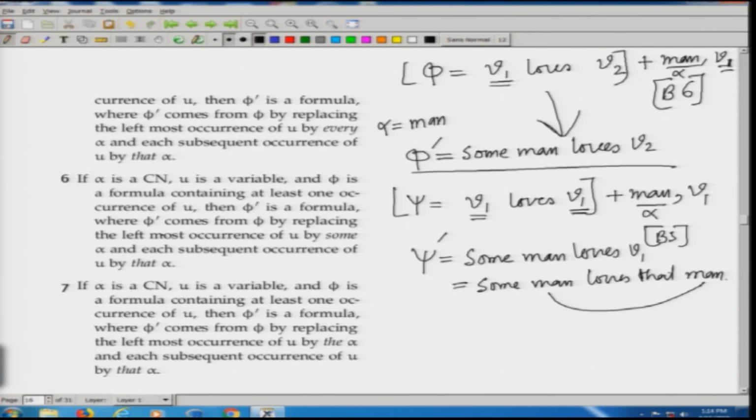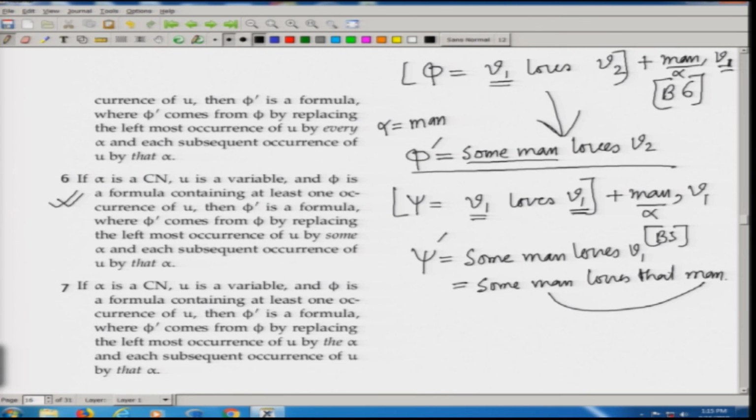Then phi prime comes from phi by replacing the leftmost occurrence of u by some alpha, that is some man, which we have done, and each subsequent occurrence of u by that alpha. We do not have any subsequent occurrence here. So this derivation is fine. Actually, I was doing B6 first. We have done this for B6.